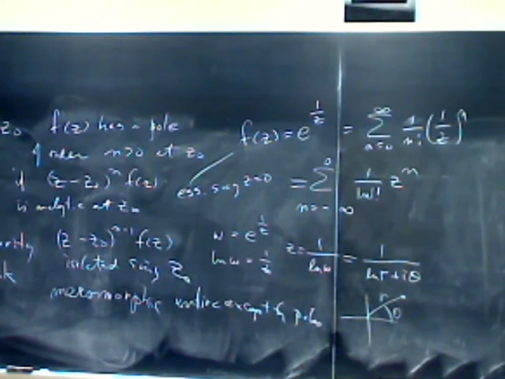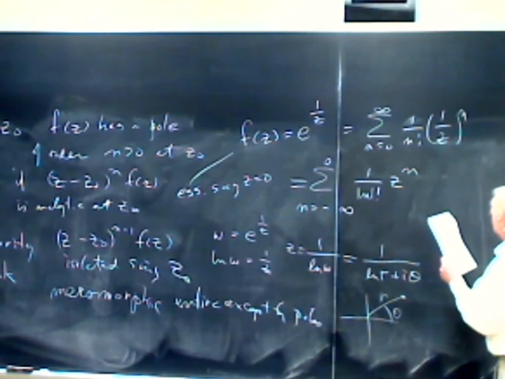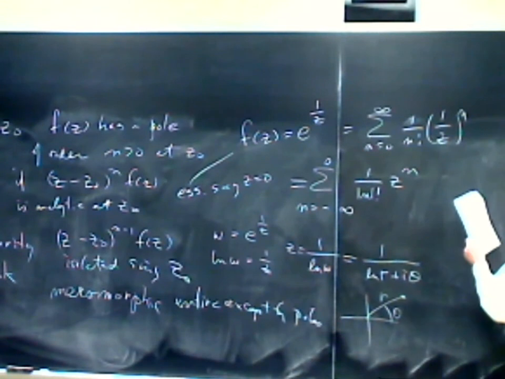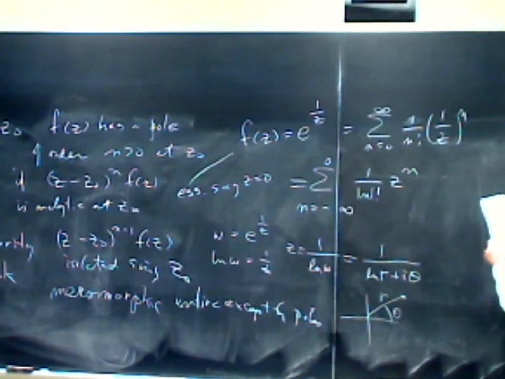All right, another example. F of z equal to 1 over z times z plus 1. What about this? Does somebody want to guess what kind of function this is?